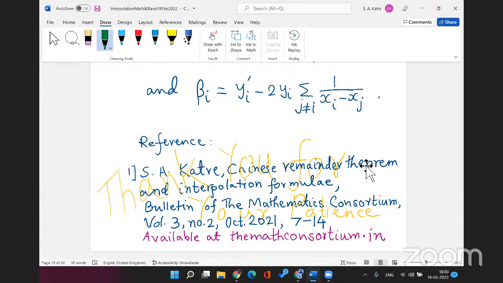The title is Chinese Remainder Theorem and Interpolation Formulae. It is available at the website themathconsortium.in, where all the issues of Bulletin of Mathematics Consortium are there, and various articles. I think one article of Rana sir is also there. You can see various articles on different interesting topics.